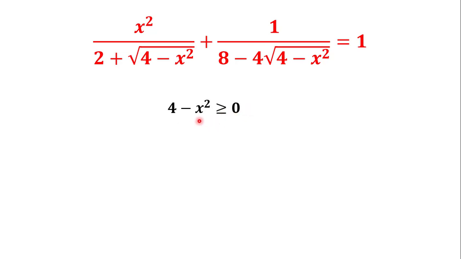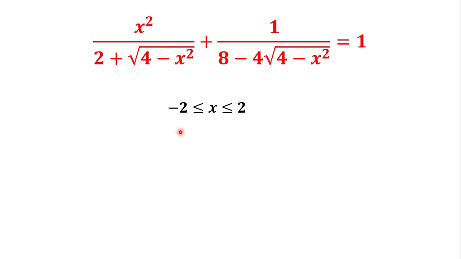If we solve this inequality, we're going to get x must be greater than or equal to minus 2 and less than or equal to 2. So all of the answers of this equation that we will find must be greater than or equal to minus 2 and less than or equal to 2.